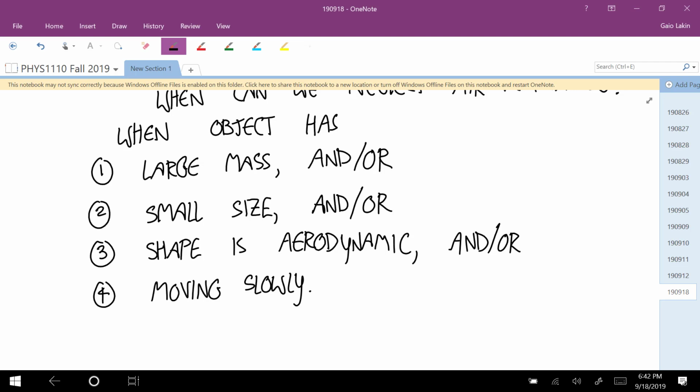And it's not being launched out of a cannon or anything. It's being thrown, and it's heavy enough that you can't throw it that fast. So if you had the speed of one of these shots just as the person released it, and you assumed that motion was happening in a vacuum and did a calculation of its flight, your answers for the whole flight would be just about perfect. Air resistance is so unimportant in that motion because you have something with a lot of mass, not very big, not moving very fast. Okay.